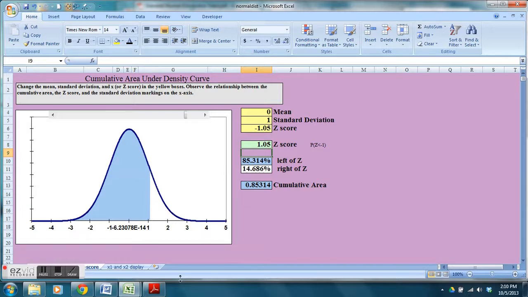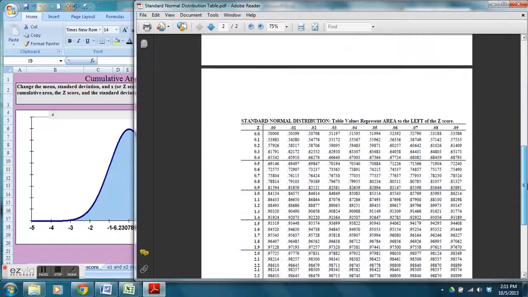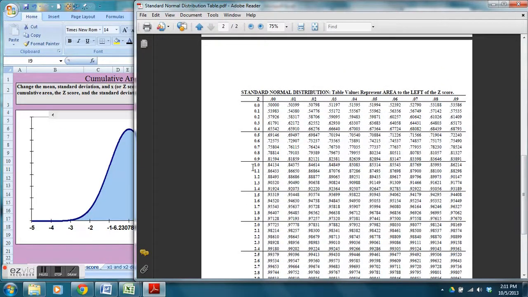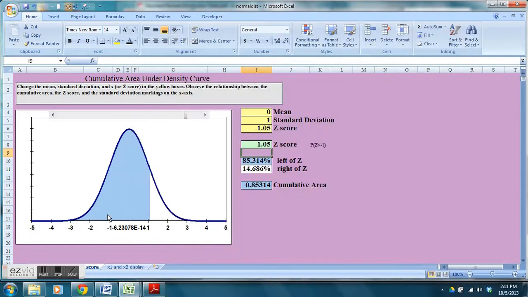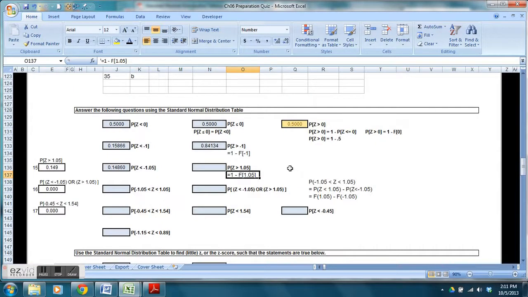Go to our table, find 1.05 right there. Here's 1.0, move it over right here. The probability that z is less than 1.05, that's 0.85314. So I'm going to put that right here. 0.85314.